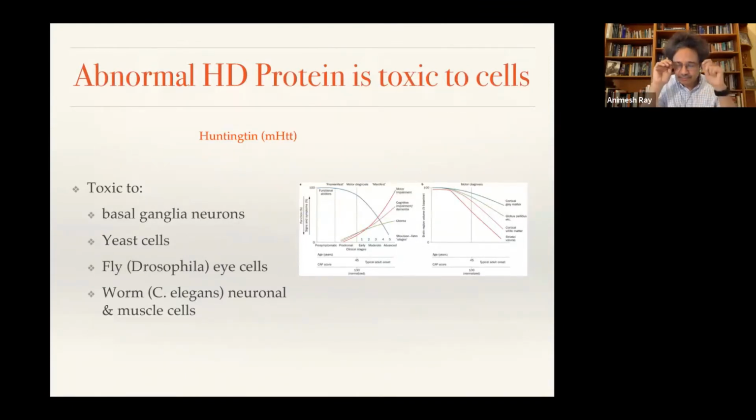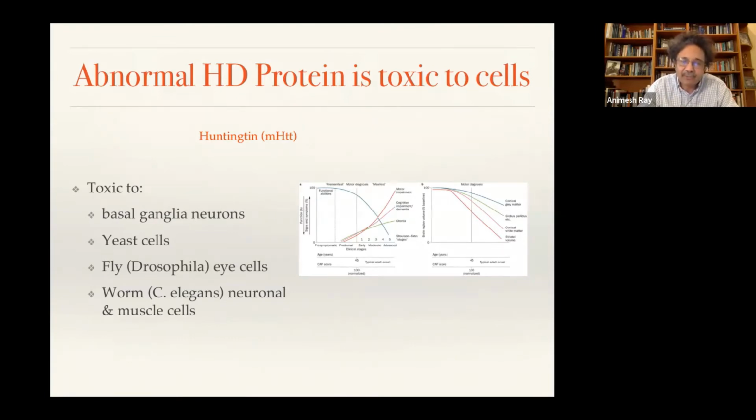If you take the mutant protein, mutant meaning this polyglutamine expanded protein, and compare it with the normal length protein with about 17 to 25 glutamines, it seems that the mutant form is toxic to the cells when expressed in either yeast or fly eye cells, Drosophila eye cells, or in the neurons of the worm Caenorhabditis elegans or muscle cells, and depending on what allele you choose in some mouse brain cells as well, but not in every case.